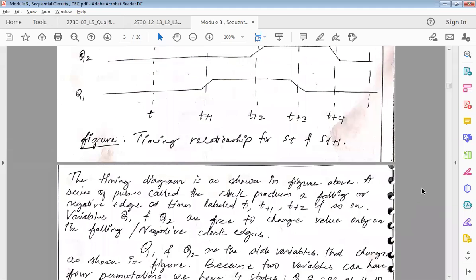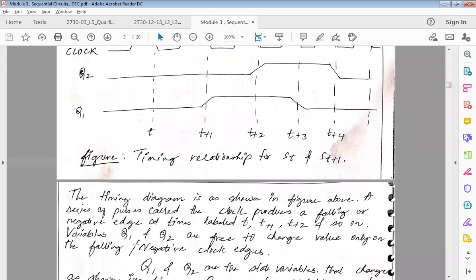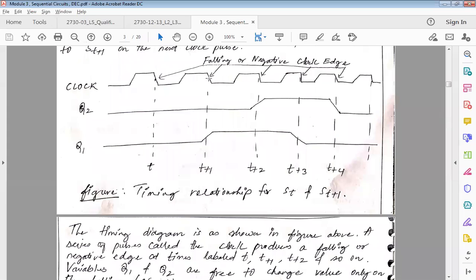The timing diagram is shown in the figure. A series of pulses called clock pulses produces the negative edge at times labeled t, t plus 1, t plus 2. At every timestamp I have represented, these are the falling or negative edges of the clock.